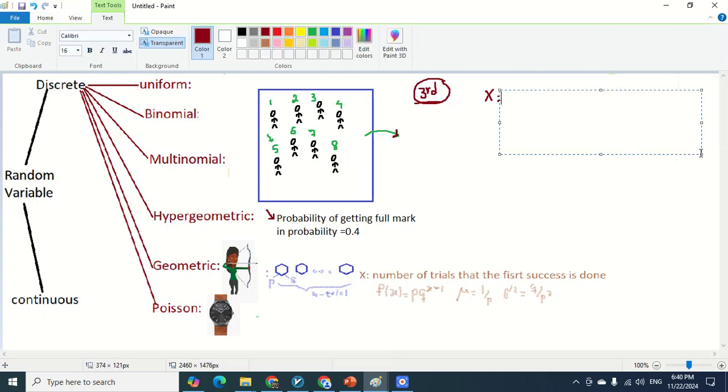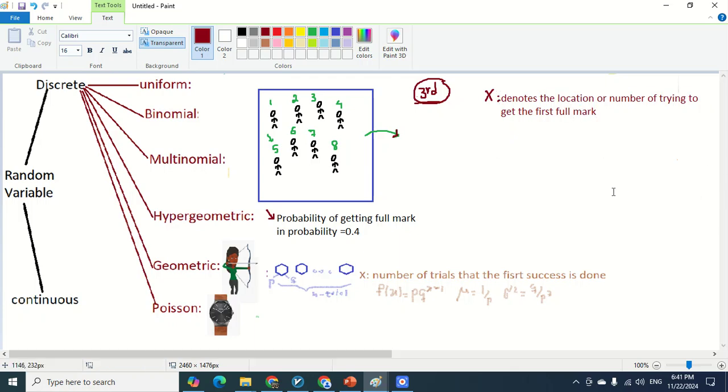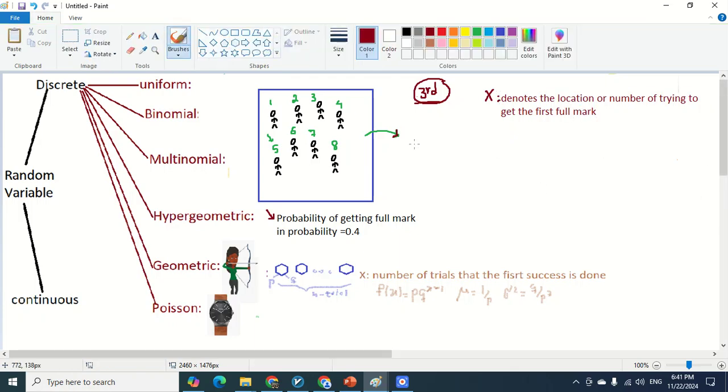So let me denote X as the number of trials to get the first success, which is the first full mark in the exam. Then I'm looking for the probability of X equal to 3, because I want to get the first full mark at the third try of reading the papers.